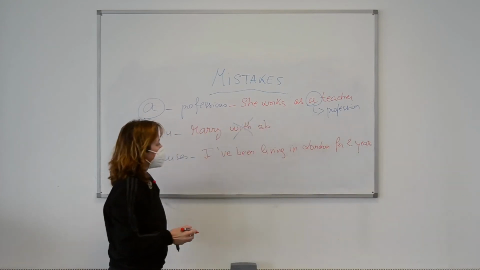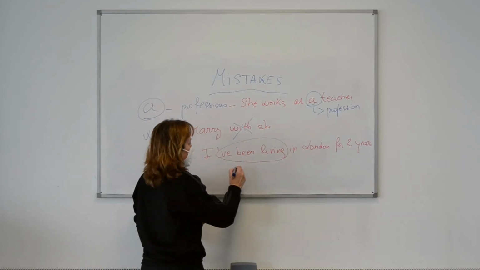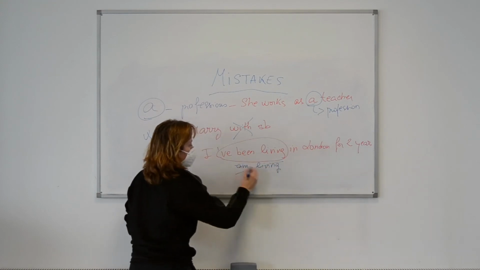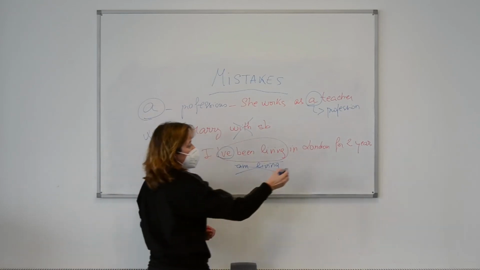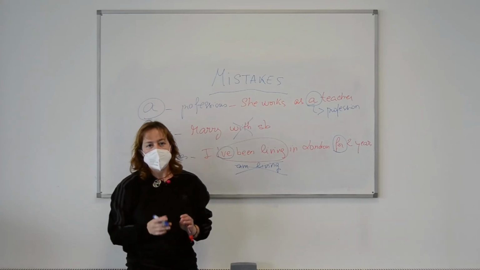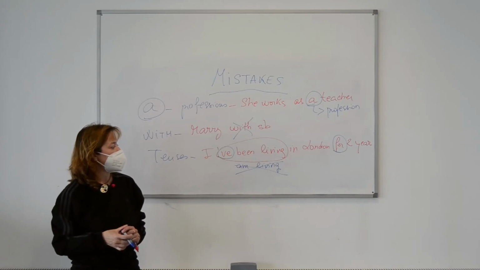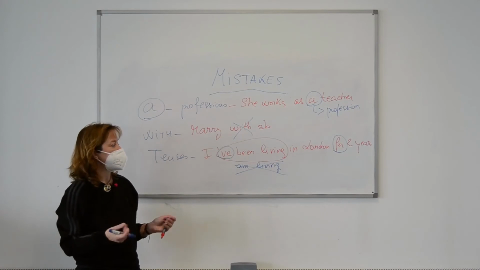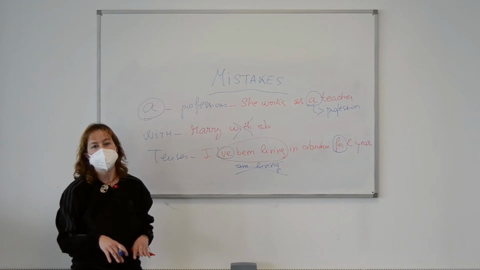In this case, the present perfect continuous is completely necessary, not "I am living." The present continuous is not possible. We should use the present perfect continuous because it's an action that started 2 years ago and is still continuing. When the action starts at a point in the past and is still continuing, we use the present perfect continuous. The present continuous is related to actions that are happening at this time, at this moment, just now, okay?